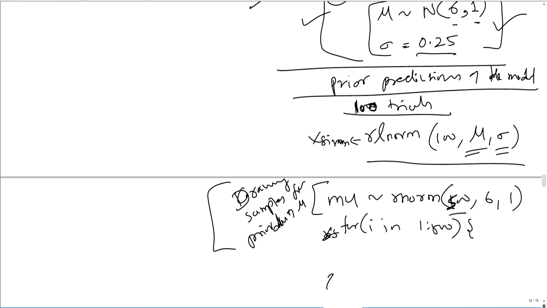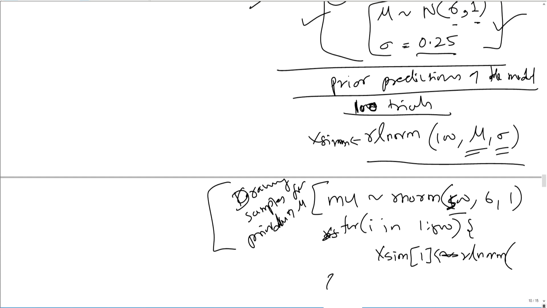Now, for each sample of mu from its prior distribution, you would generate a prior predictive sample. And how do you generate it? Using rlnorm, because that is the likelihood function, the data generative function you have.